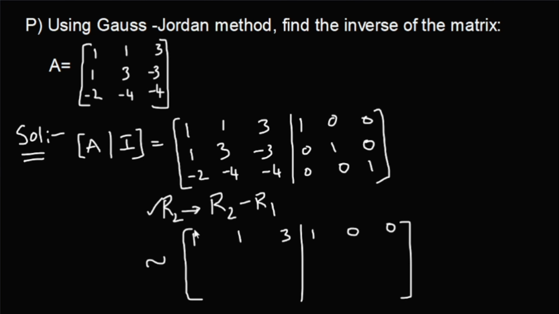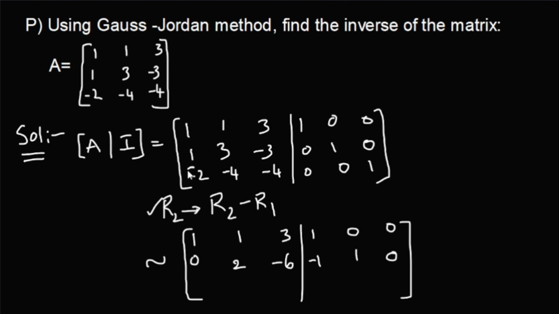That means 1 minus 1, 0. 3 minus 1, 2. Minus 3 minus 3, minus 6. 0 minus 1, minus 1. 1 minus 0, 1. 0 minus 0, 0. Here we have to perform the same row operation on the identity matrix also. You should remember that.